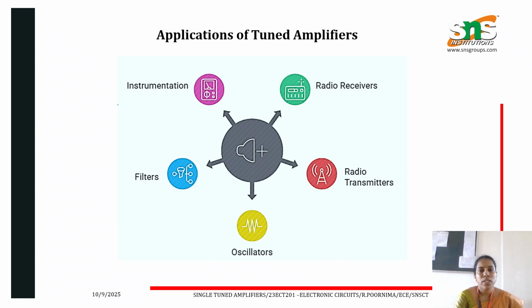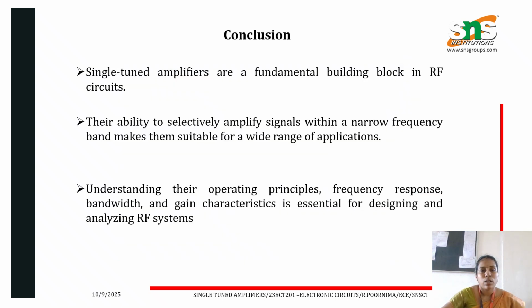The applications include radio receivers, transmitters, and oscillators in various electronic circuits, and filters and instrumentation amplifiers. Let's conclude: we use this circuit to selectively amplify signals in RF circuits.